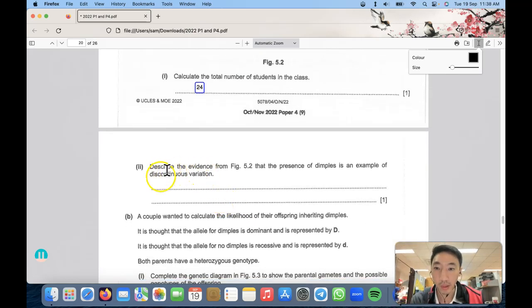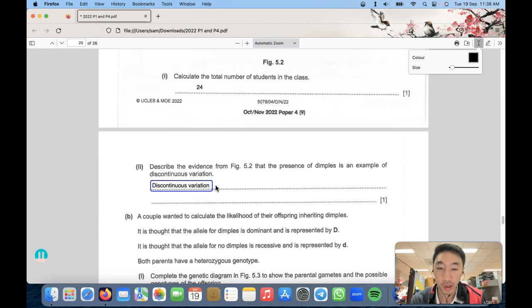Okay. Describe the evidence from figure 5.2 that the presence of dimples is an example of discontinuous variation. Okay, so what does discontinuous mean? Discontinuous variation, I spell only. Sorry, you all don't have autocorrect in the exam.